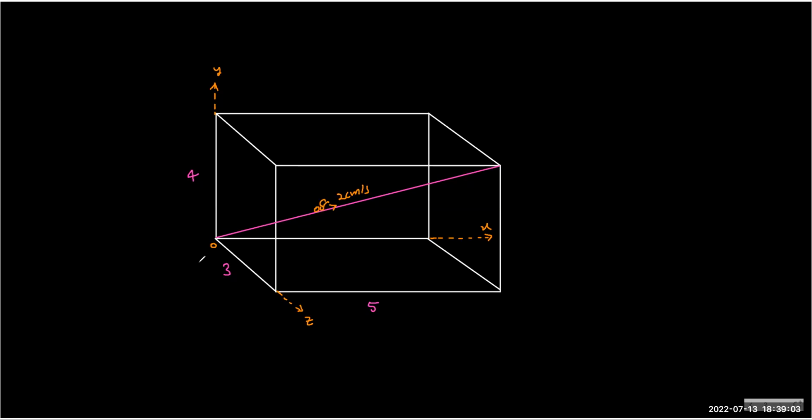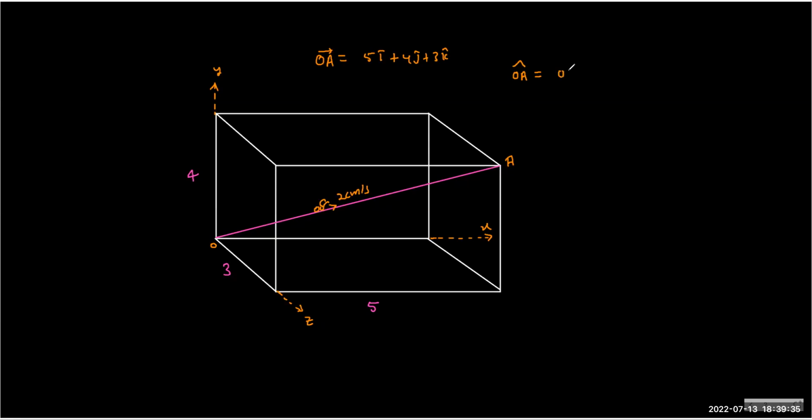I know that the ant is moving along the diagonal. Let's call it A. And we have already learned how to write the OA vector. What is the OA vector? Sir, 5 i cap plus 4 j cap plus 3 k cap. Exactly. Now this is the vector, but let's say I want to know the OA cap, the unit vector in that direction. I just want direction.